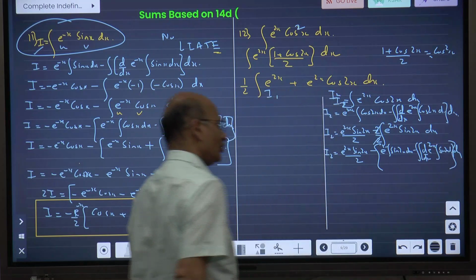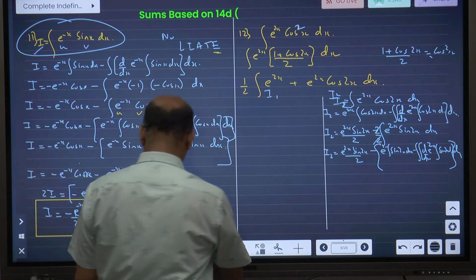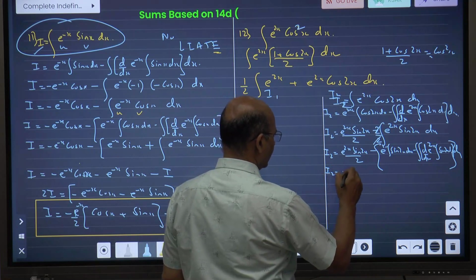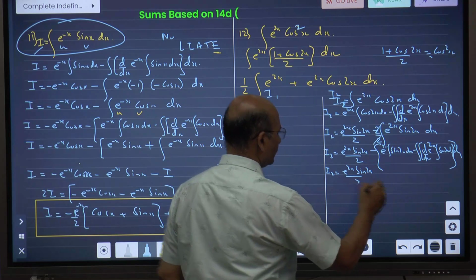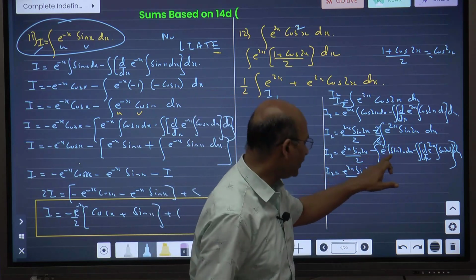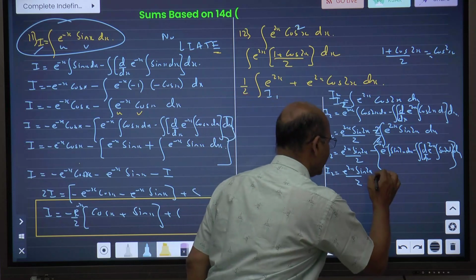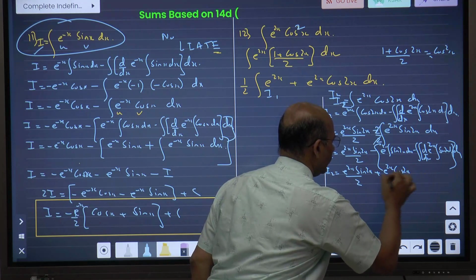I am sorry to mess you up with that, but just try to work it out. So I2 is equal to e raised to 2x sine 2x upon 2. Minus the integral of sine 2x, which is minus cos, so minus of minus is plus e raised to 2x cos 2x upon 2.